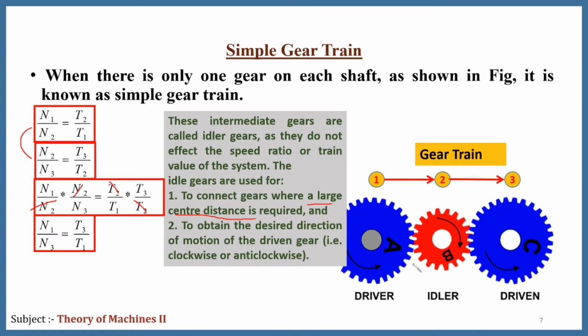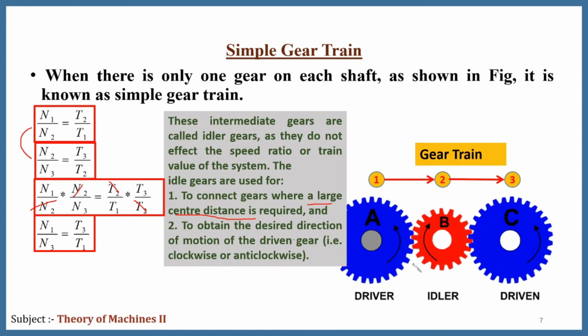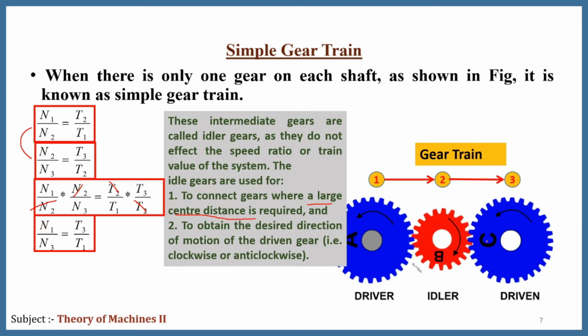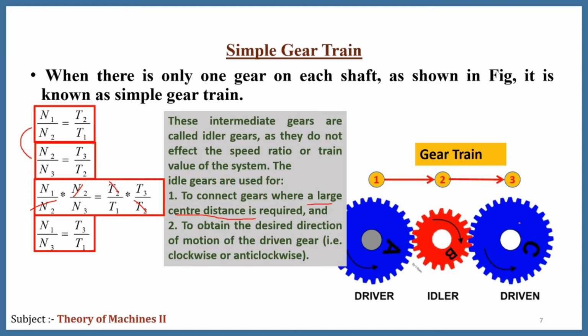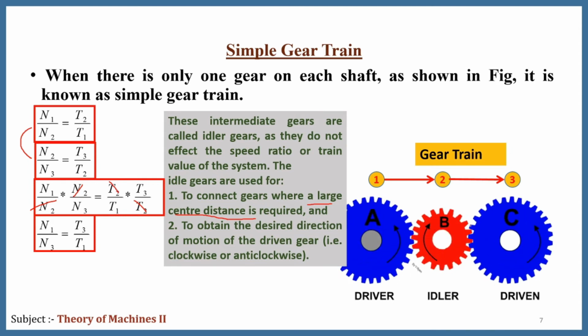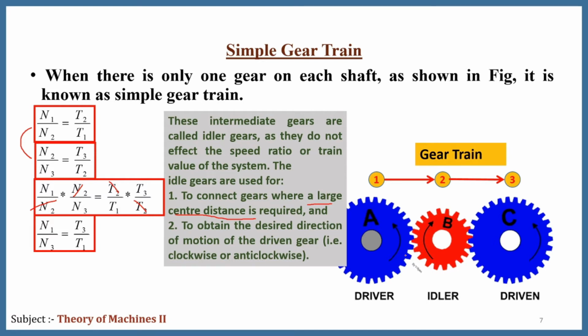Again, if you want to change the direction of rotation, suppose there is an odd number of gears. Now in this case, there are 3 gears in mesh. Gear A rotates in the anti-clockwise direction, gear B rotates in the clockwise direction, and gear C again rotates in the anti-clockwise direction. Again, if we add one gear in between, there are 4 gears.